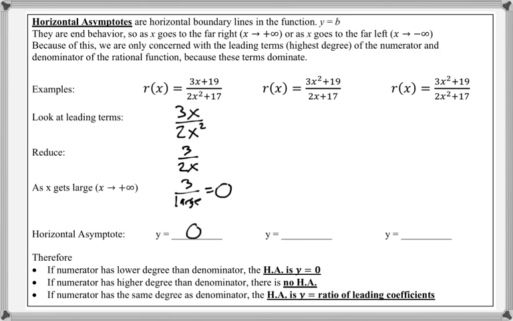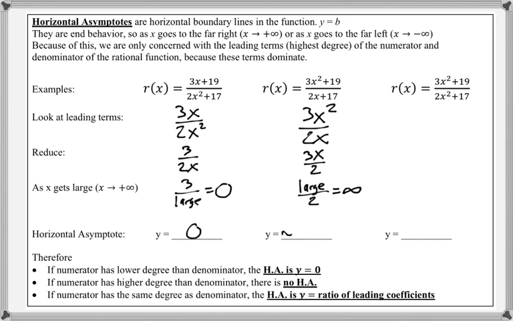Let's look at this case here where we have a 3x squared and a 2x. So on this one my higher term was on the bottom. Here my higher term is on top. If I reduce this, this is going to be 3x over 2. And then if I plug in infinity, it's going to be a large number over 2, which just equals infinity.